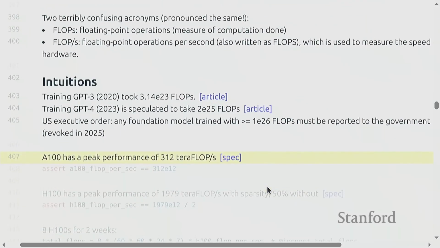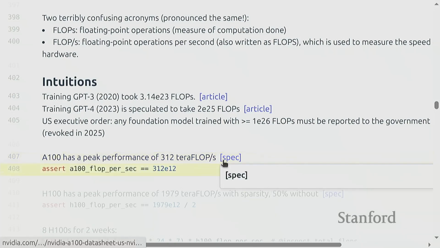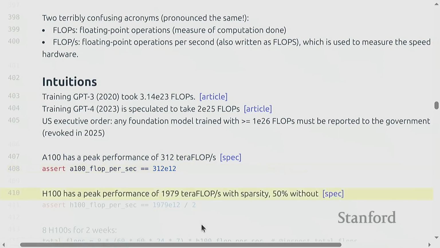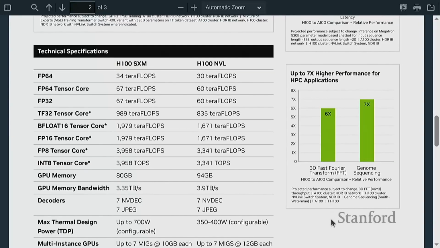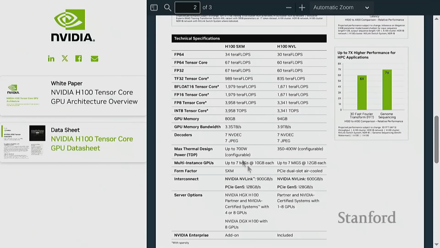Some intuitions: A100 has a peak performance of 312 teraflop per second, and H100 has a peak performance of 1979 teraflop per second with sparsity, and approximately 50% of that without. NVIDIA has these specification sheets, so you can see that the flops actually depend on what you're trying to do.